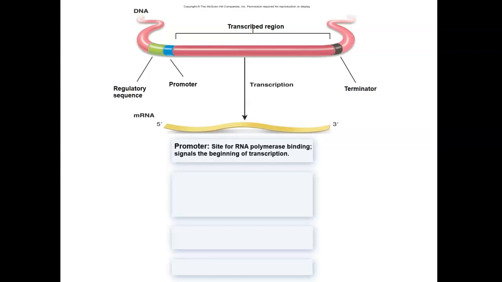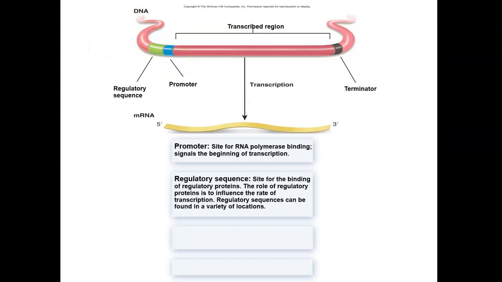So a couple of key regions again to point out is this promoter region. So here is where the main enzyme, which is going to be RNA polymerase, the name again tells you what it's going to do. It's going to polymerize a new strand of RNA. That's where the RNA polymerase is going to bind, and that's where transcription will initiate.